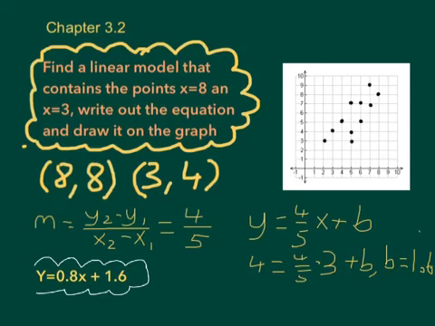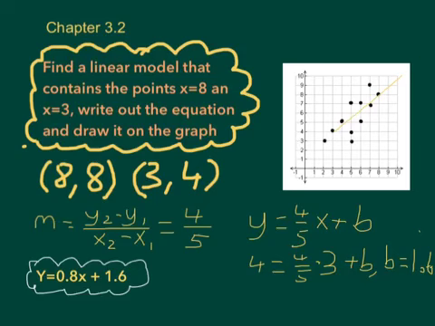Okay, next thing to do is just to plot it on the graph, and that should be very easy because we know that it must go through 3, 4 and 8, 8. So it must go from 3, 4, from x equals 3, y equals 4, through 8, 8.